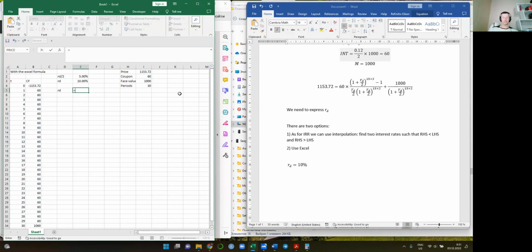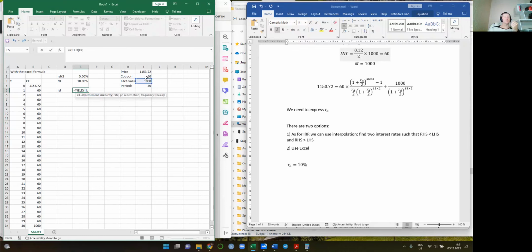We can apply something like yield, if I remember this correctly. Let me see. Let's try. I don't remember how this formula works, but it definitely should work.